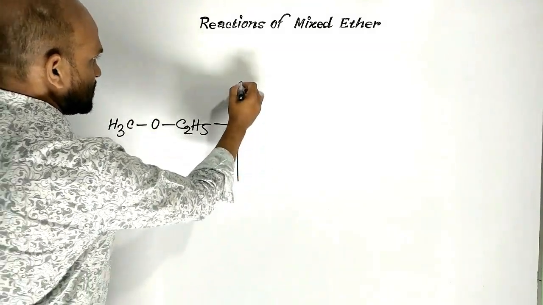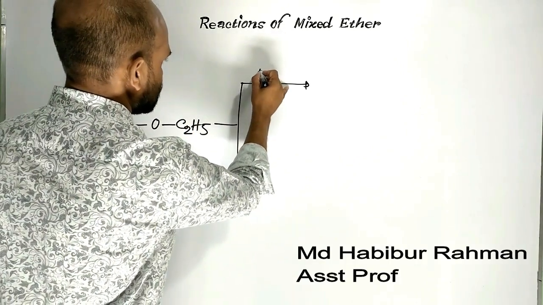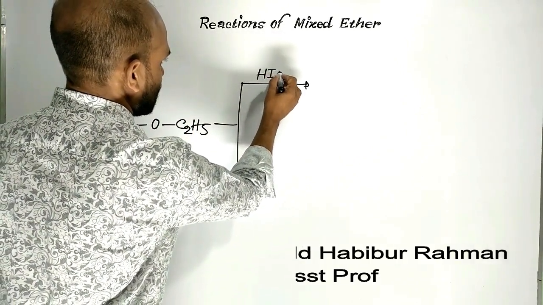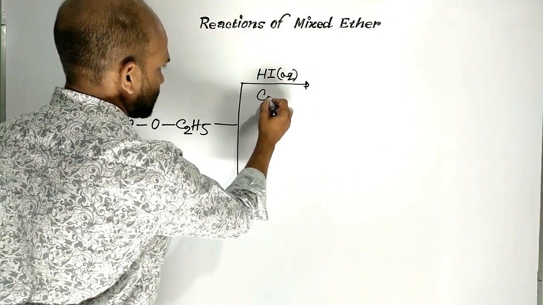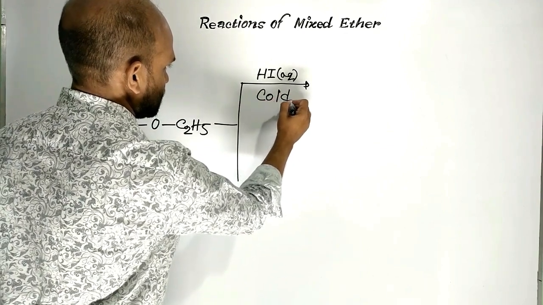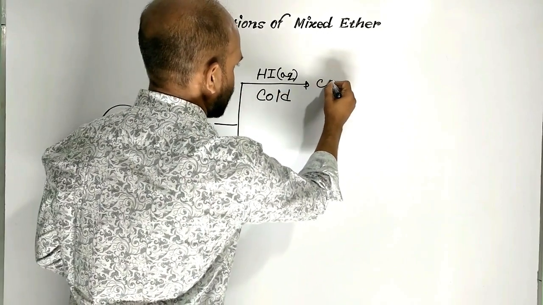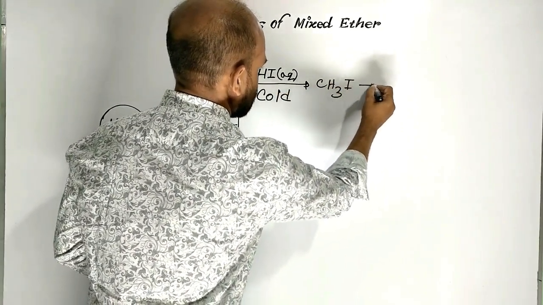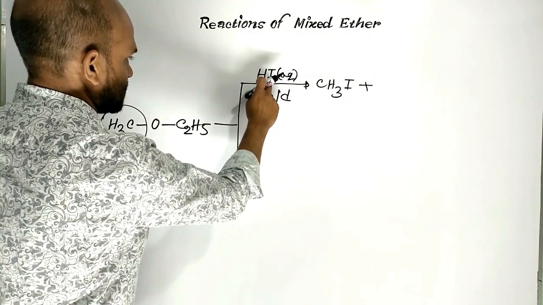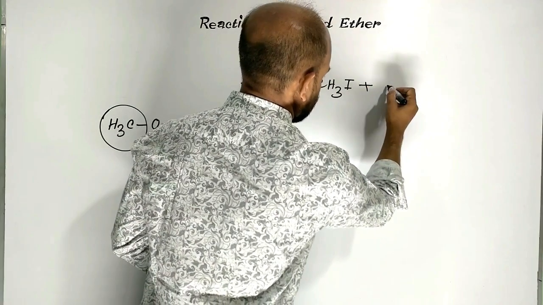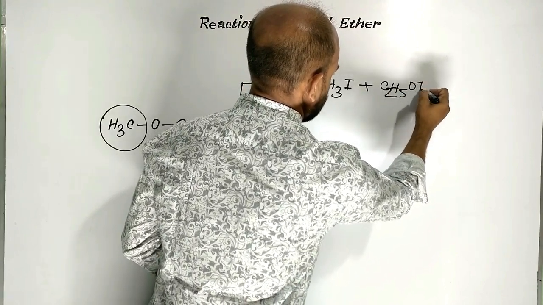When this mixed ether, methoxyethane, is treated with hydroiodic or hydrobromic acid, and the reaction is conducted in cold condition, then we get methyl iodide, that is, methyl group takes iodide ion, and another compound we get, this is ethanol.